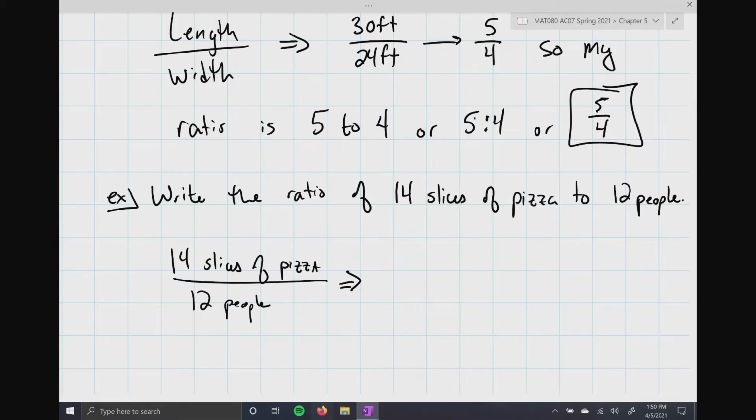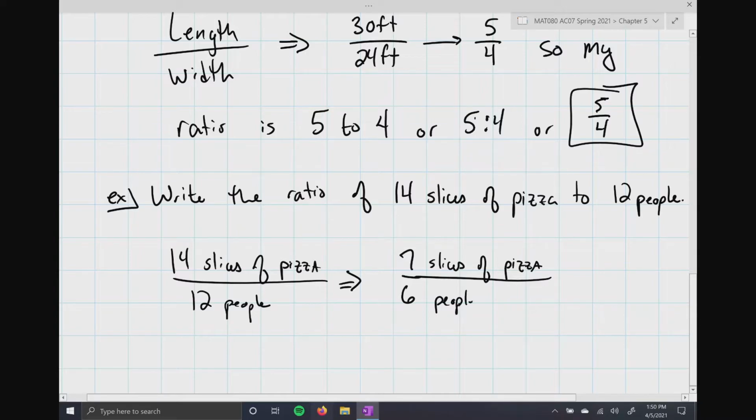They're both even, so I know I can divide by 2. And my ratio is 7 slices of pizza to 6 people.